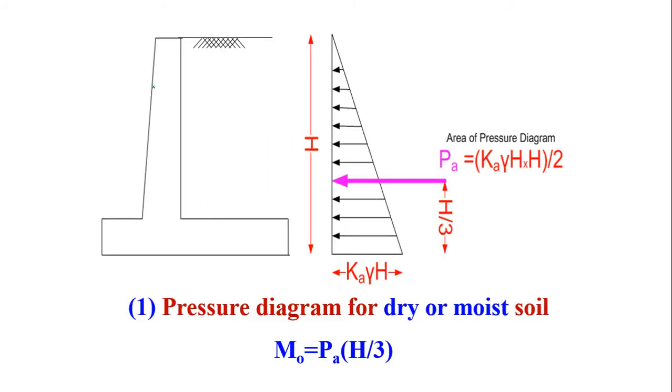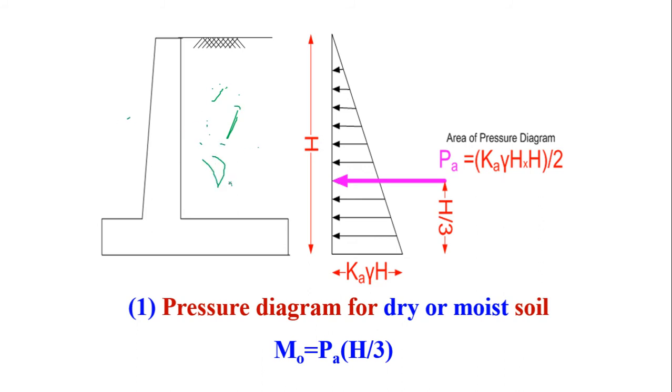Now we'll see individually, one by one, how we are going to draw those pressure distribution diagrams. The very first case is for the dry sample. Here we have the cantilever retaining wall, T shape, with horizontal backfill, and whatever material we have on this side is dry.